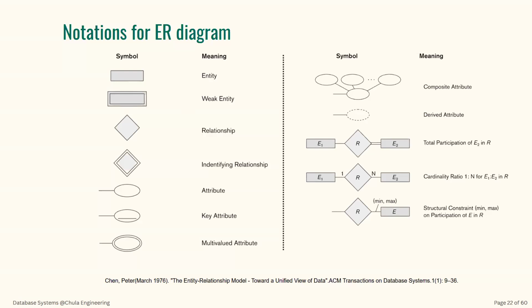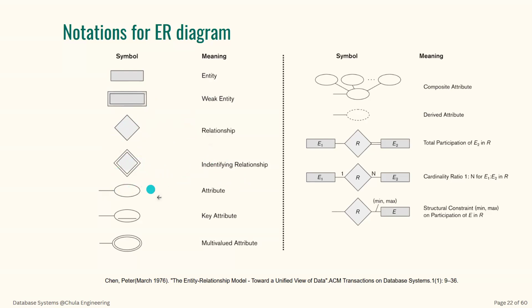All right. For example, like dependent, it doesn't have a key, so it becomes weak. The relationship is signified by the diamond. But if it comes from the weak entity, it is something called identifying relationship. So this only works with the weak entity.